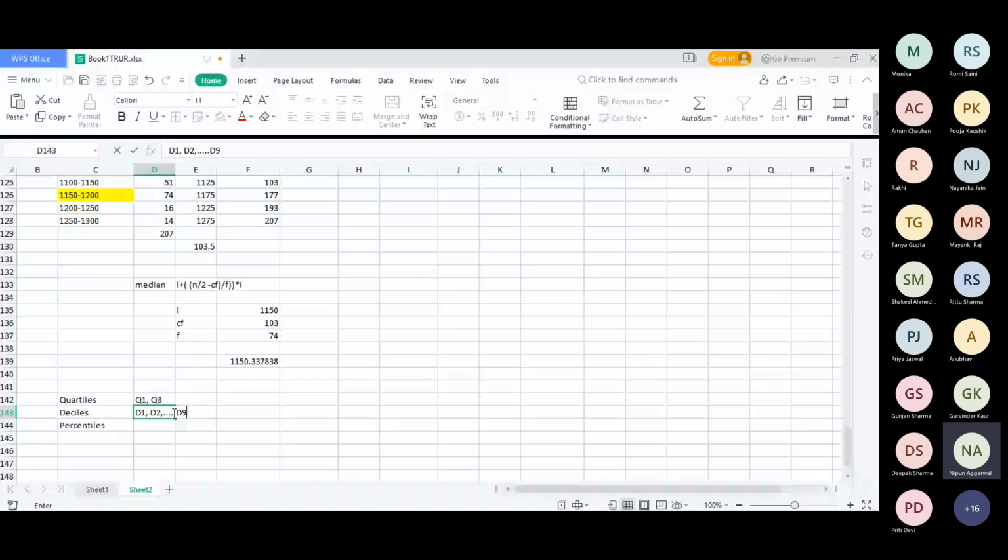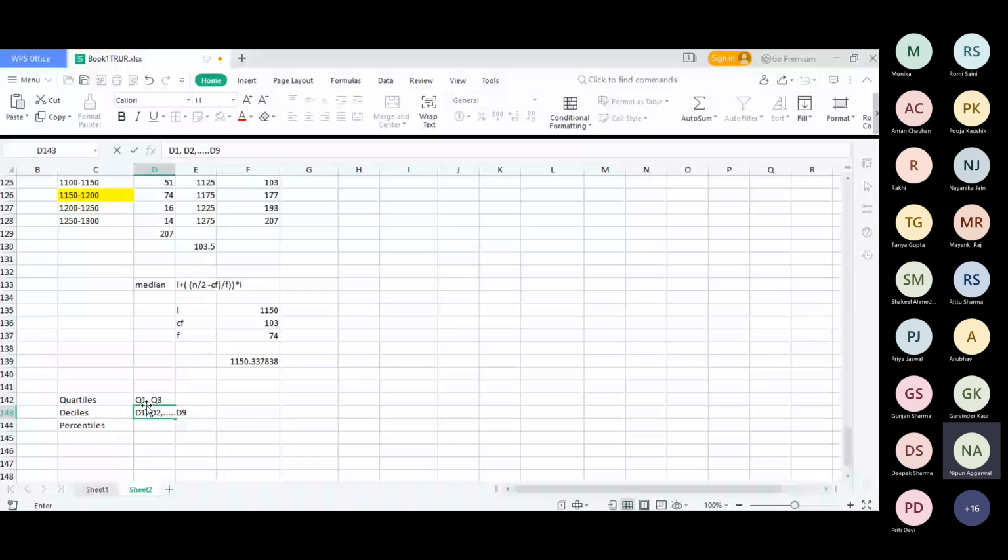D2 is 20 below, 80 above. D5 means 50-50, so we are not calculating D5, we are calculating the median in that case. And D9 says 90% below and 10% above. Deciles stands for 10, so 10 equal parts is D1 to D9.